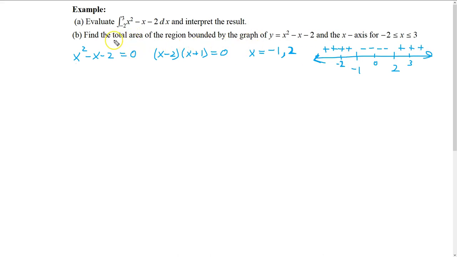So then, the total area is going to be the definite integral from -2 to -1, and then minus the definite integral from -1 to 2.